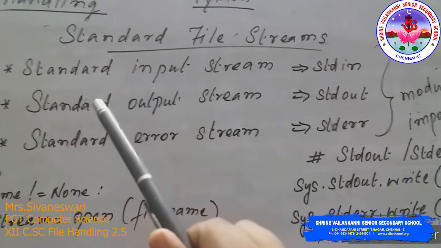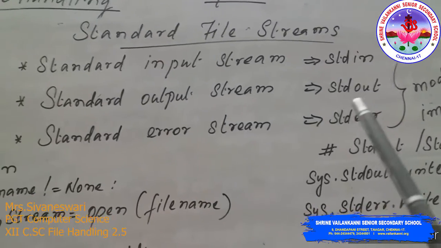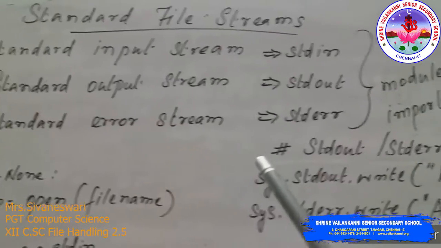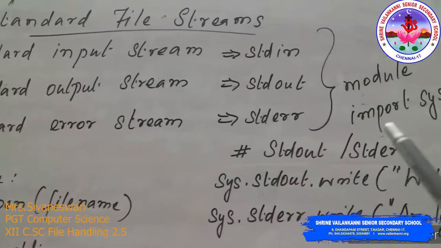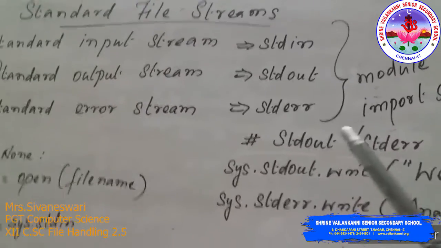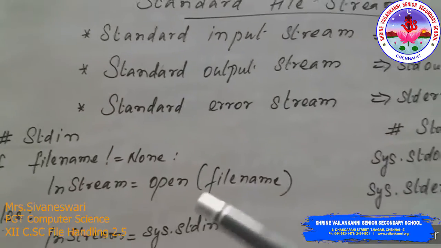For standard input stream, we use stdin. For standard output stream, we use stdout. For standard error stream, we use stderr. For this, the module to be imported is sys. So import sys is the first line to be used, and afterwards we use the relevant operations.